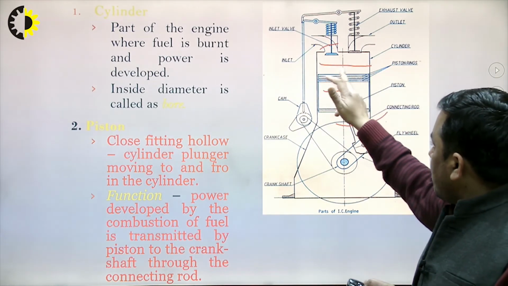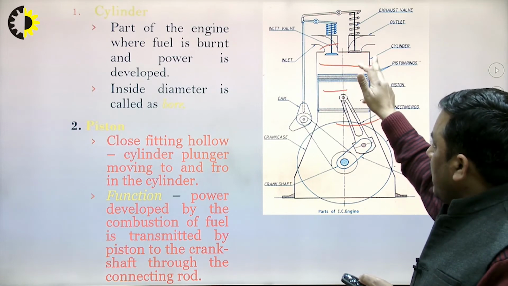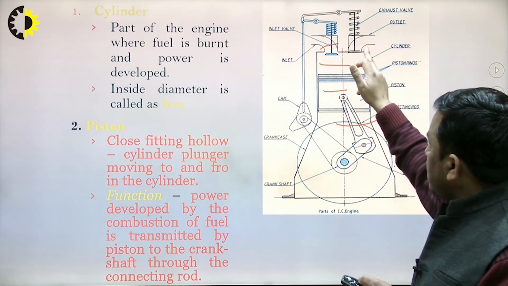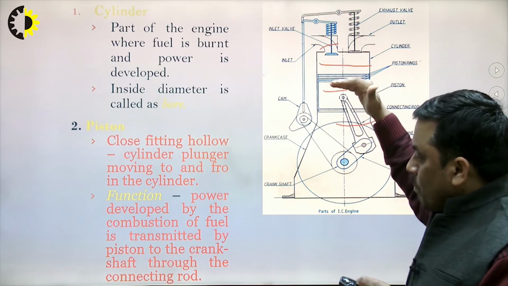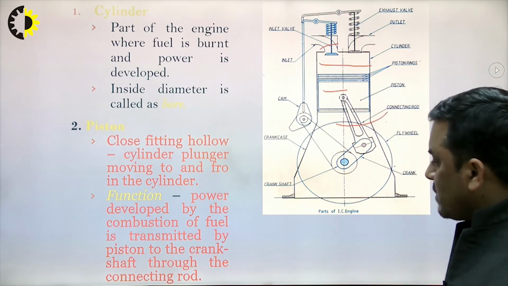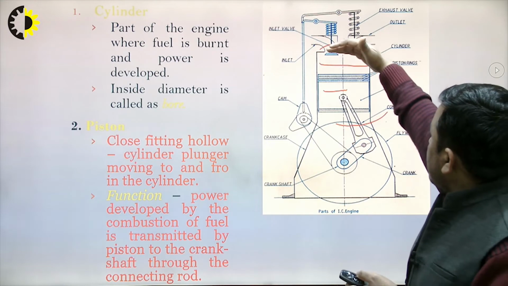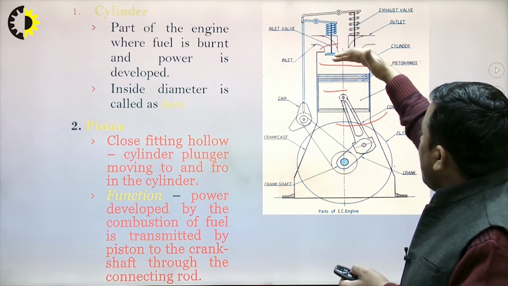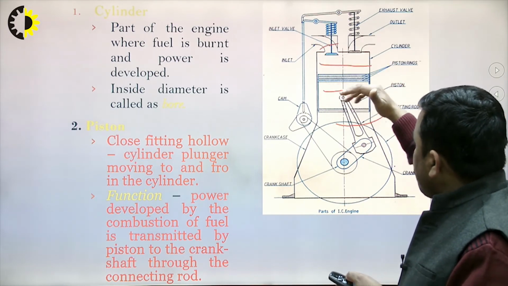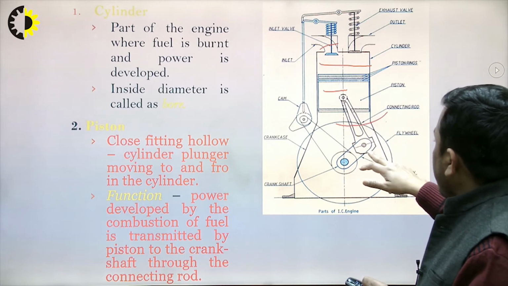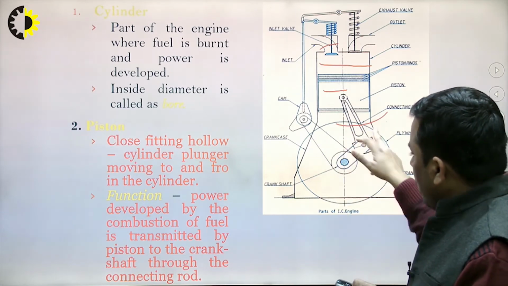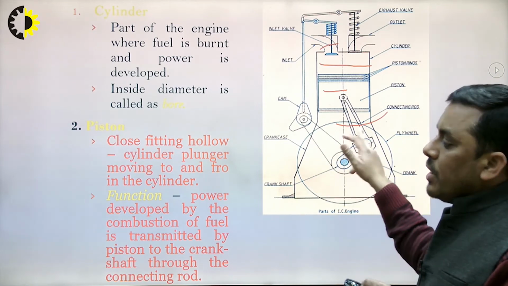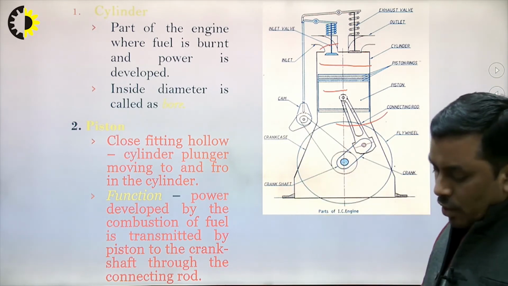When the burning of fuel occurs, a large amount of energy is released, and that energy pushes the piston. So the power developed by the combustion of fuel is transmitted by the piston, and from the reciprocation of the piston it is transferred to the connecting rod. Then the connecting rod maintains the rotation of the crank and crankshaft. This is the function of the piston.